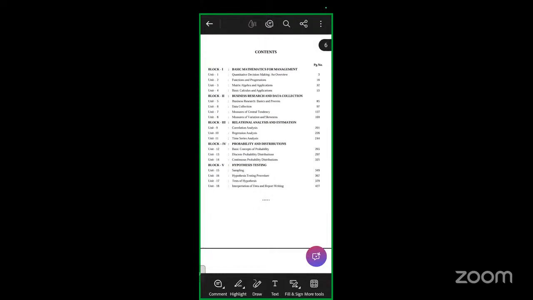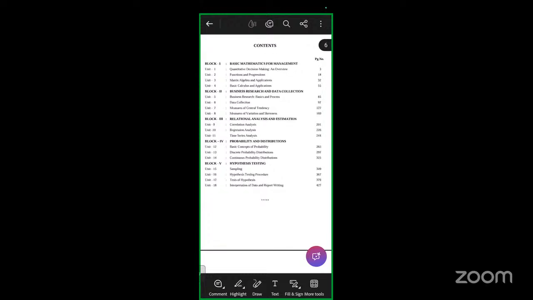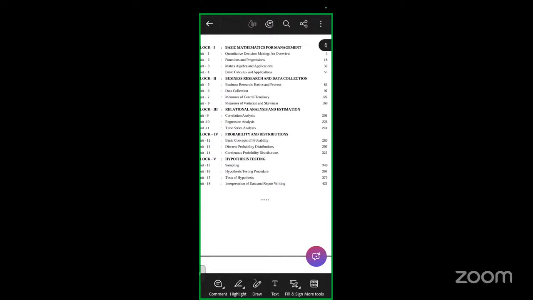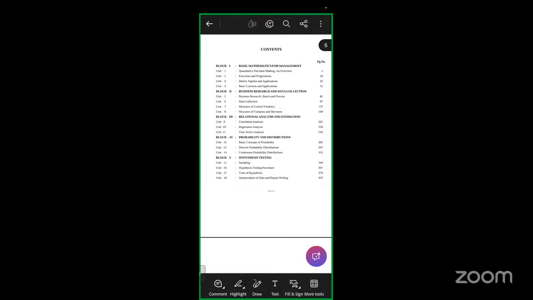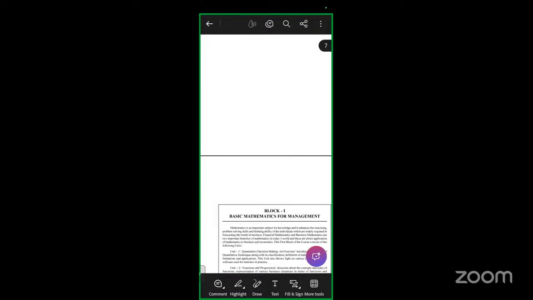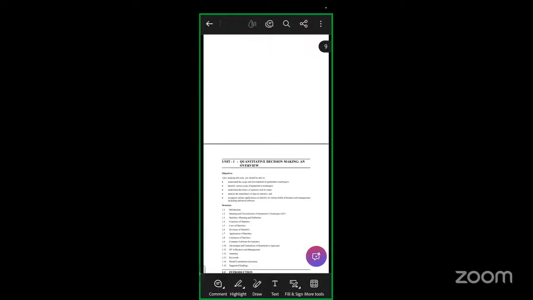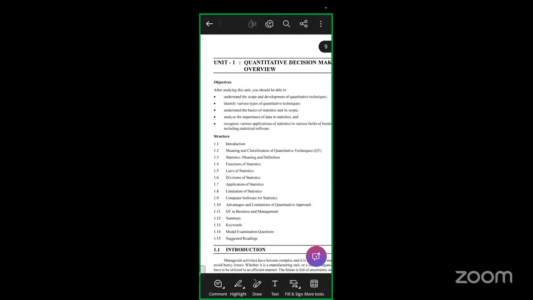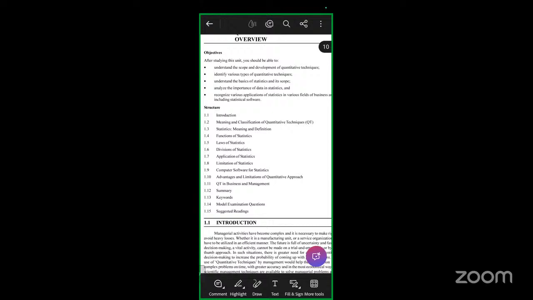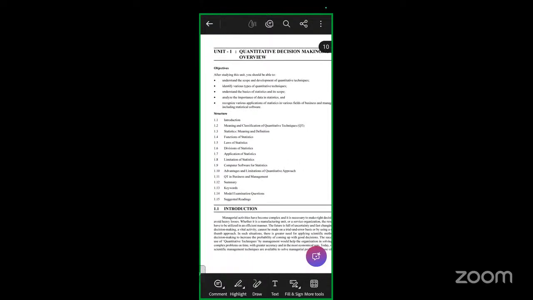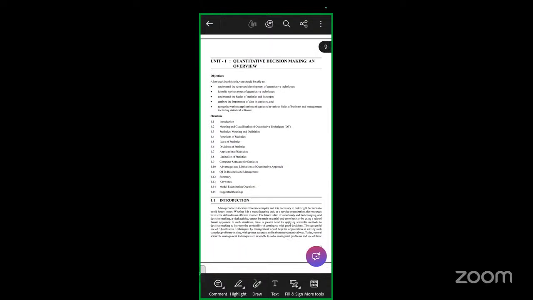Okay. So here we are entering into the first unit, that is quantitative decision making and overview. What is meant by qualitative? What is meant by quantitative? Please, anybody unmute yourself, because I am not able to see.